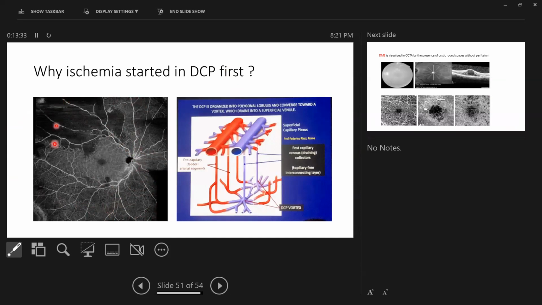And you can get a very nice image. And you can see here the peripheral ischemia in patients with diabetic retinopathy. And again, why did the ischemia start in the deep capillary plexus? Because the deep capillary plexus has a smaller caliber, more delicate than the superficial, which has large diameter and more straight vessels.